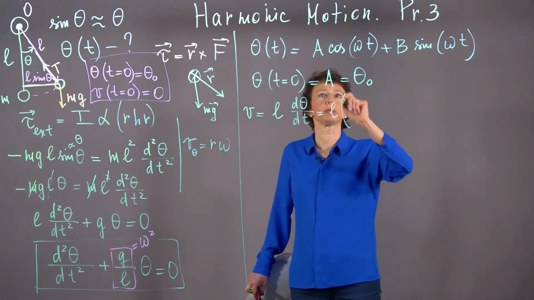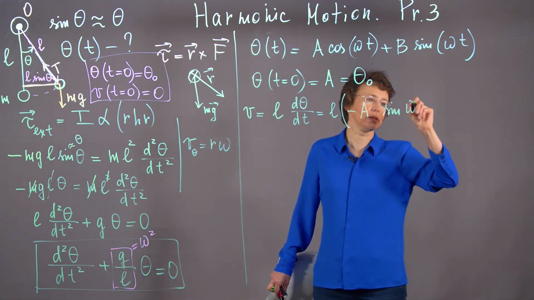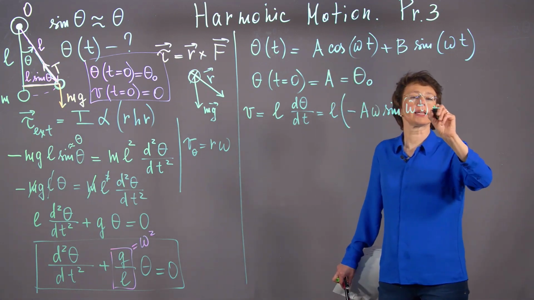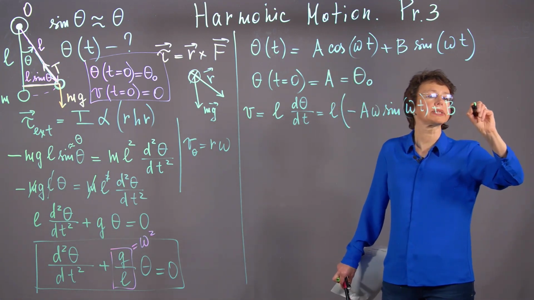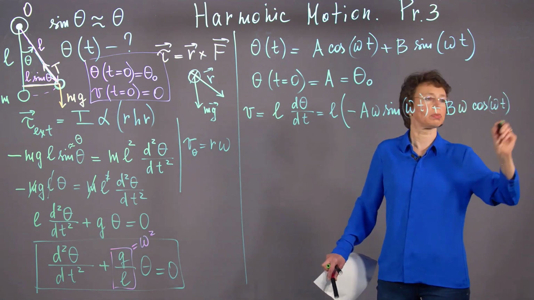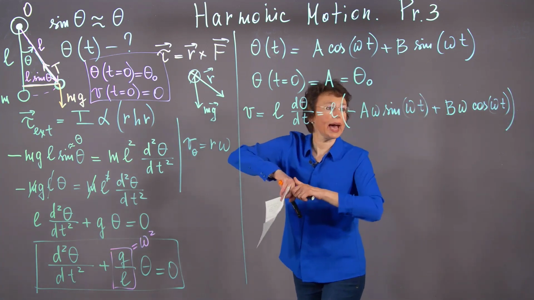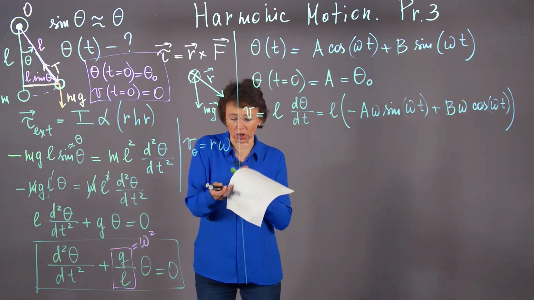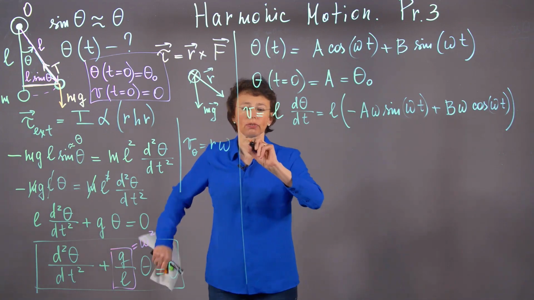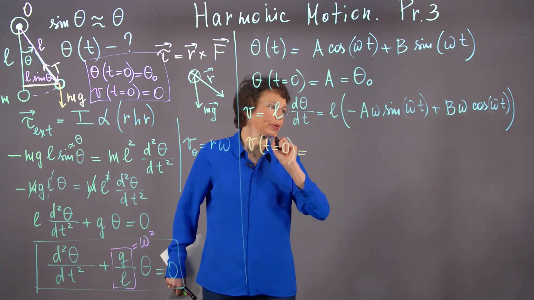Let's do it. It will be minus A sine omega t, times omega, chain rule, and then plus B cosine omega t. And chain rule, again, will give me omega. This is my velocity at any time moment. Now I plug in the initial condition, velocity at time moment 0. Let's do it.